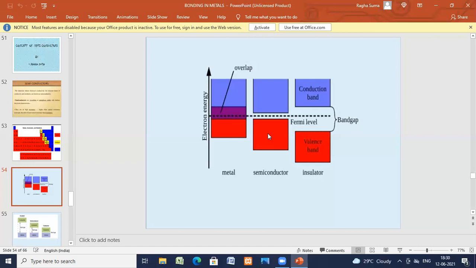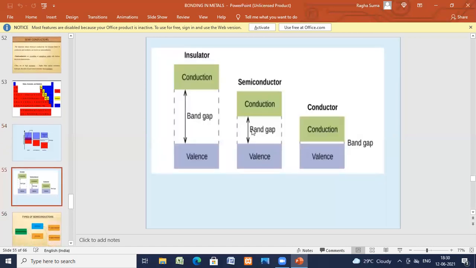There is a Fermi energy level, and the energy gap between these two is less than about 3 electron volts, which is small enough for the electron to jump from the valence band to the conduction band.